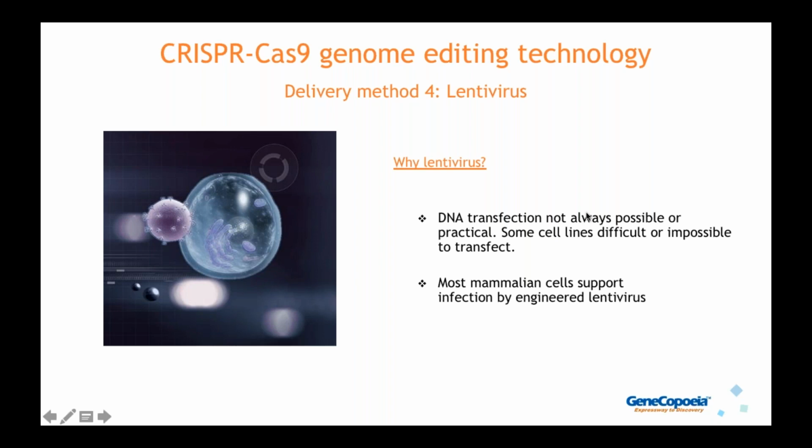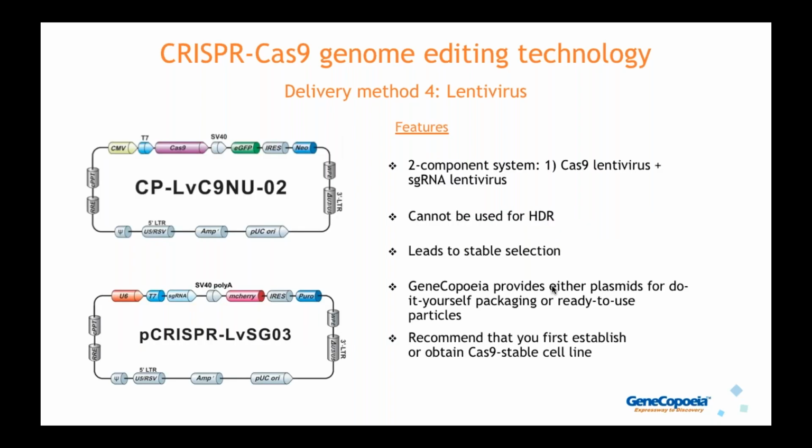Some cell lines are difficult or impossible to transfect. And also, most mammalian cells support infection by engineered lentivirus, so it is a very efficient way of delivering reagents to cells. But of course, as I mentioned, lentivirus does lead to random integration. So if you don't want that, then lentivirus may not be the method for you.